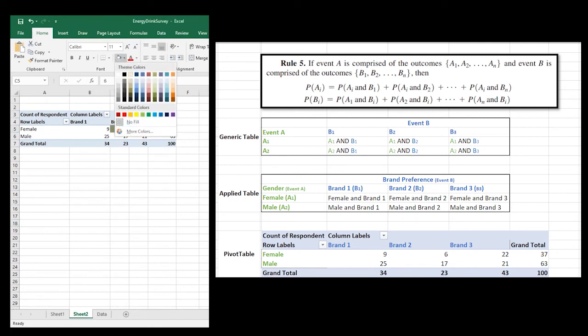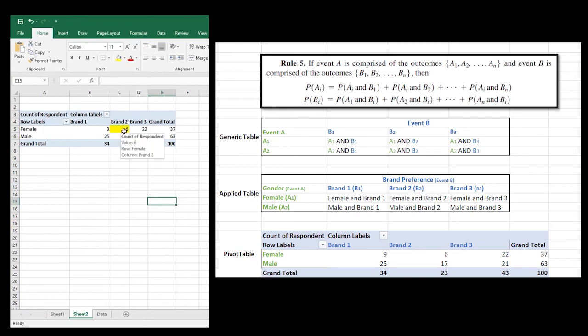We have six, which would be that intersection that we're talking about for trying to find the joint probability between female and how they rated brand number two. So six of them out of this sample, which ends up being a sample size of 100. So if I want to get the probability of that, then I would say 6/100, and that would give me my probability, right? So that's what we are dealing with when we have events where they're joined, they overlap, they intersect together, and you're trying to figure out the probability of that.